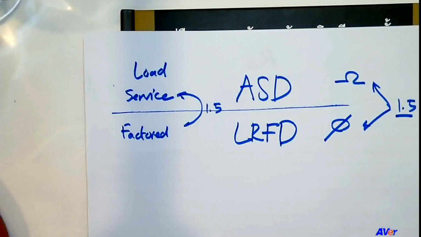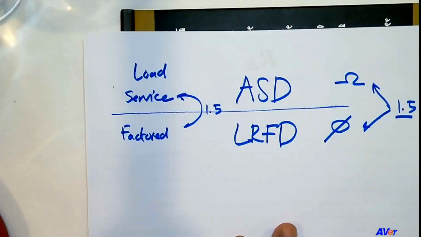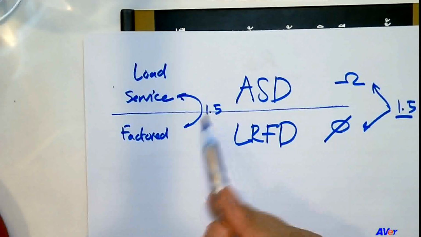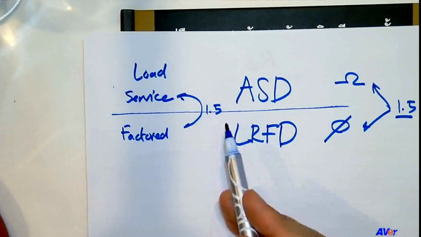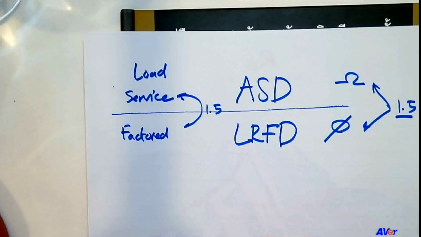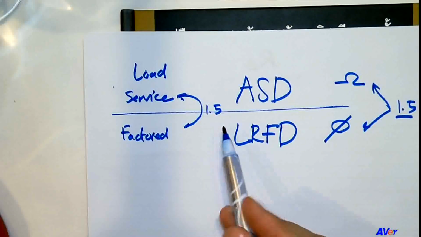That's the magic number behind it. If you ask me why 1.5, I don't know, because there are some very, very smart professors who have done the work on statistics and so on. Then they come up with this magic number.